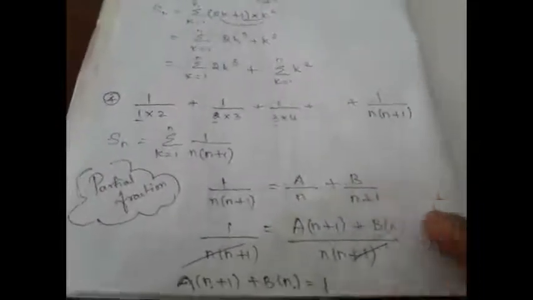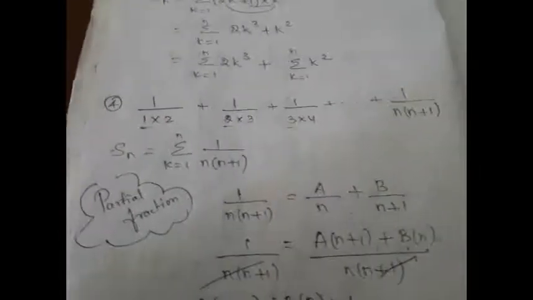If you have 3 distinct, you can write it with c by the third factor. Take LCM and find the values of a, b, c by substituting the roots of the factors, right? So after getting this, now we will get into our problem. How can we solve it now?